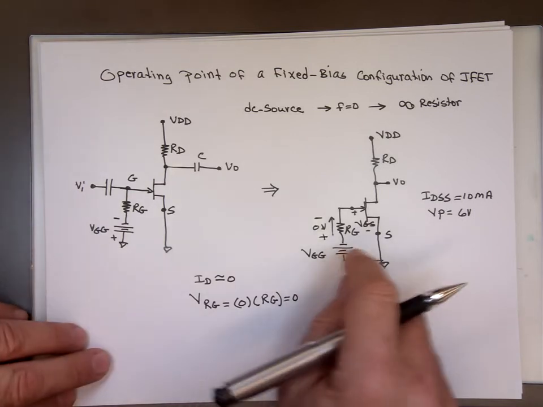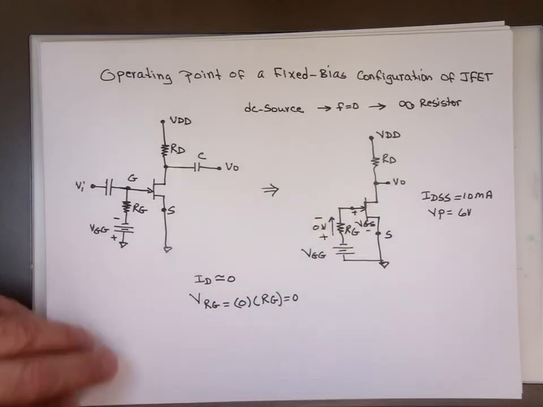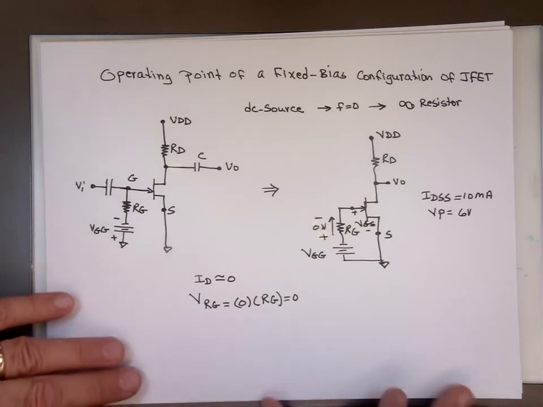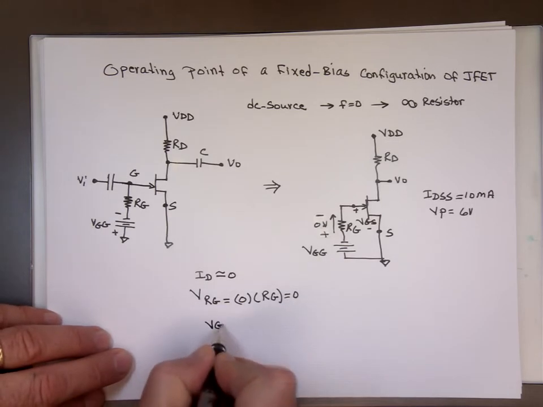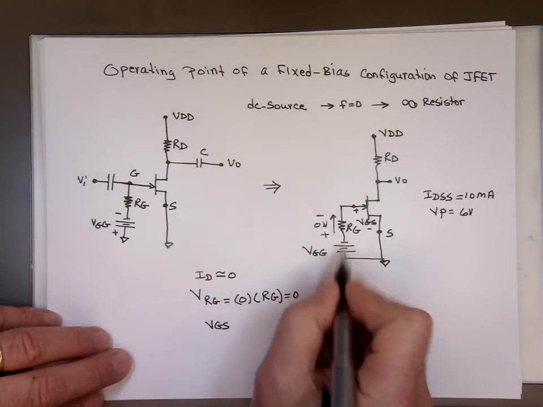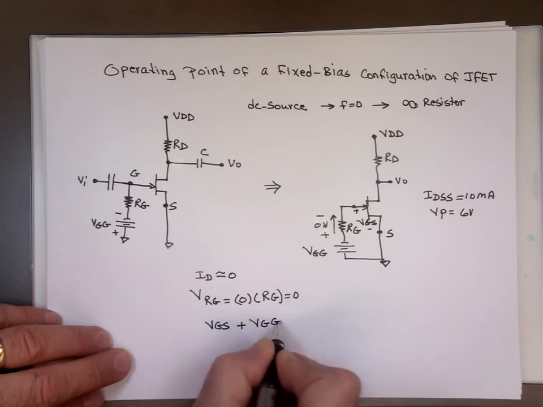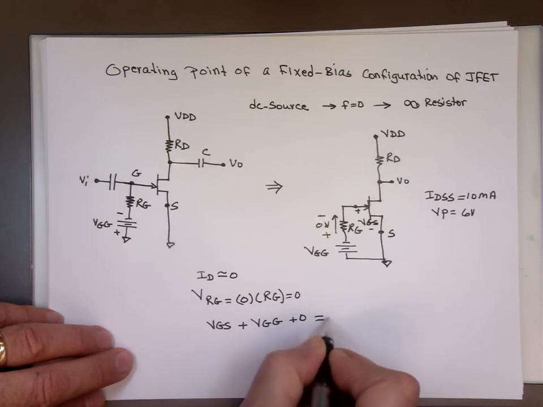So if we do Kirchhoff voltage law here, and again, it's really up to you, a plus to minus, if you want to call that minus or plus. Most people call that minus. I tend to call them plus. So plus to minus, that's plus VGS. Plus to minus is plus VGG. Plus to minus is plus 0 is equal to 0.